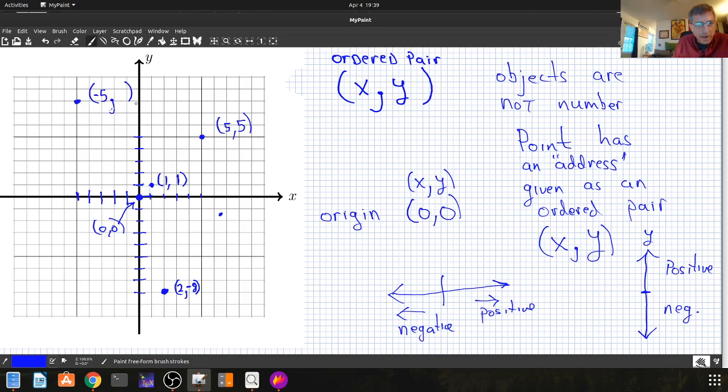And the y value, starting up here, how far are we from the origin? Well, there's 1, 2, 3, 4, 5, 6, 7, 8. So the coordinate of this point is -5, 8.